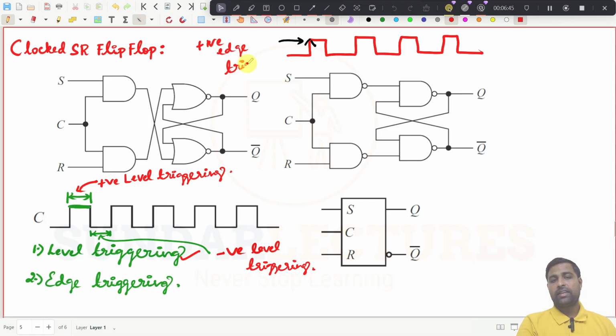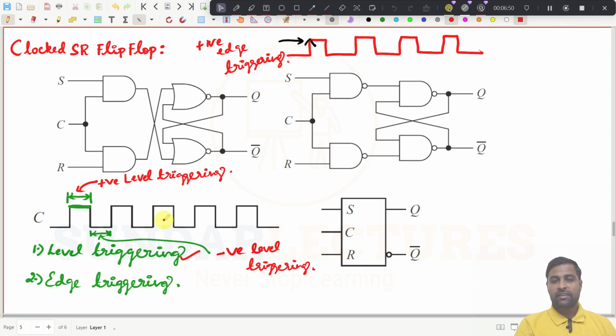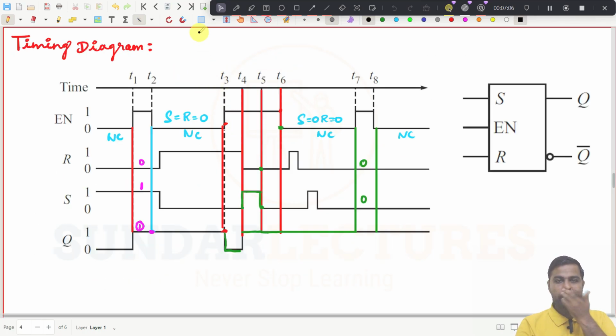Can you understand? And it will see at this point, at this instant, the S and R inputs, and depending on that it will change the output. That is the idea. That is what we have seen here, right?